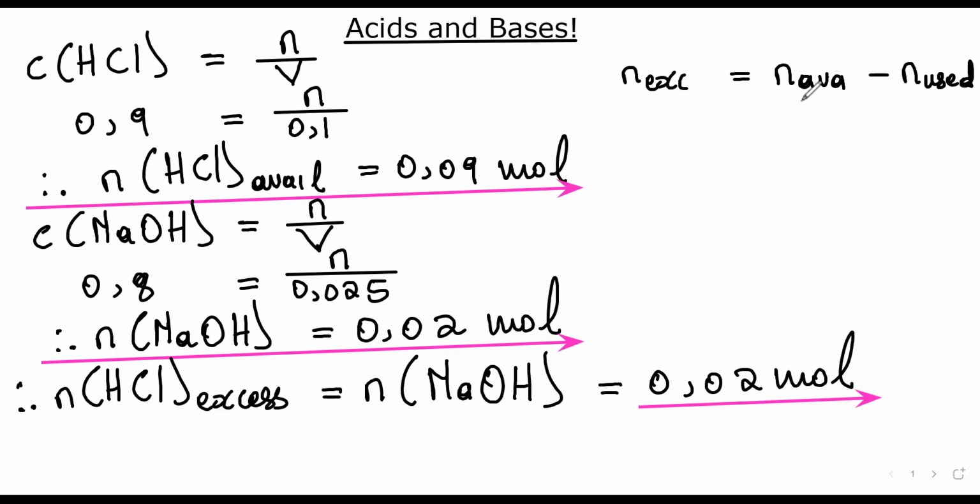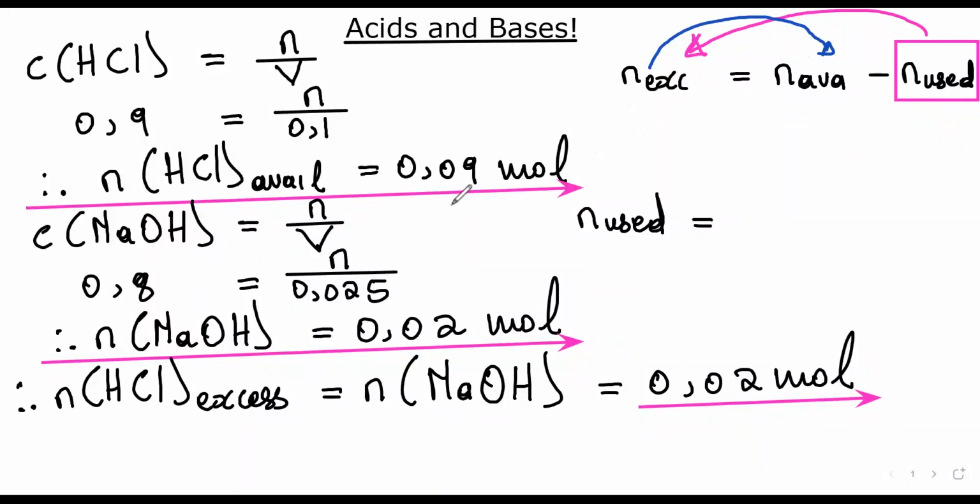From this equation, we can see very clearly that if you want to find the number of moles that are used, you just need to take it to the left-hand side, and then you take those that are in excess to the right-hand side, which means that the number of moles that are used are equal to those that are available at the start minus those that are in excess.